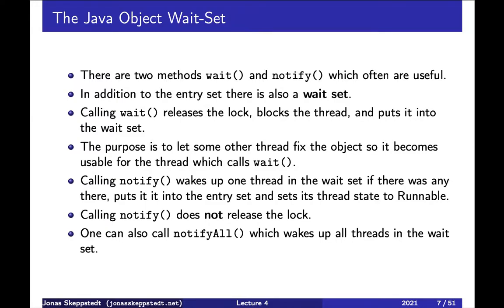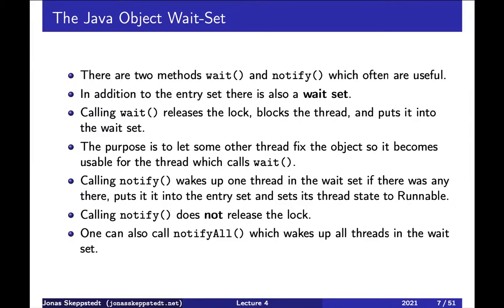Then this thread, which currently owns the lock, can call wait. This releases the lock and blocks the thread and puts the thread in this wait set. So this thread is not trying to get the lock back.